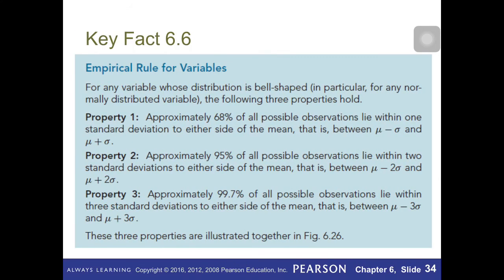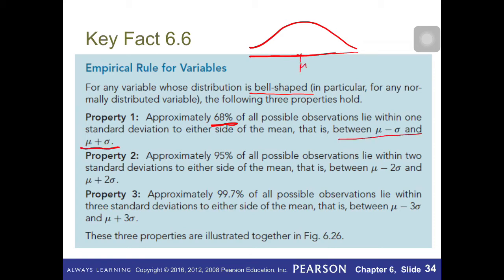Empirical rule for variables. For any variable whose distribution is bell shaped, which means, now you know the name of that, normal distribution, we can say approximately 68% covers in between mu minus sigma and mu plus sigma.